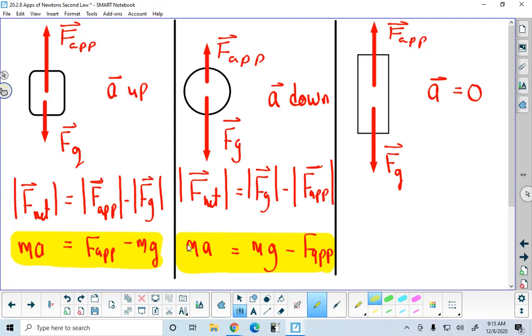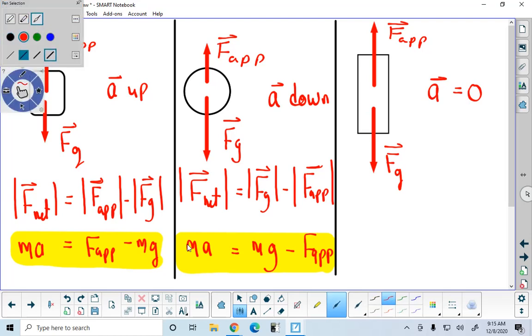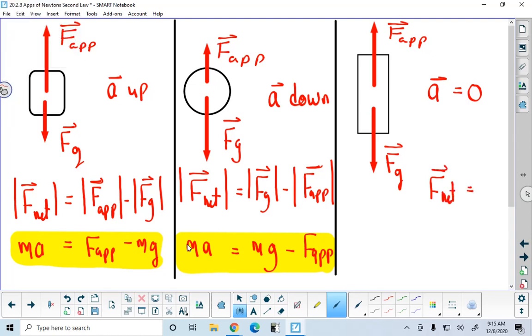If the acceleration is 0, which means the object is moving up or down at a constant velocity, then the principle going on here is that the net force is 0. I don't even want to talk about magnitude. The net force here in this last situation is 0.